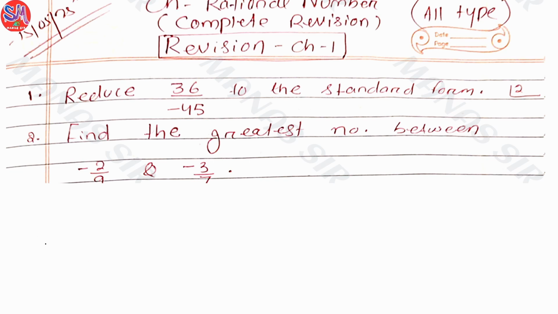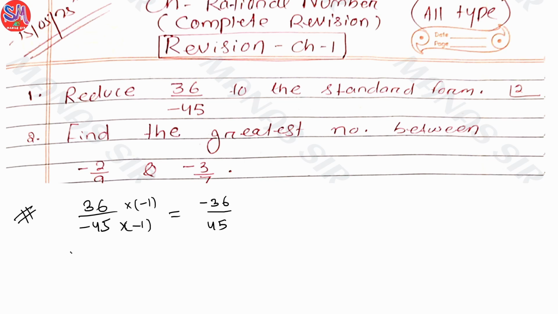Now standard form we can solve in 2 steps, yes or no. The first step is that minus should never be in the denominator, means first we convert the denominator to positive, yes or no. Now the first step is 36 divided by minus 45 multiplied by minus 1 multiplied by minus 1, because we know that there is one property: any number except 0 we can multiply in a rational number. Okay. Now equal to, that is minus 36 divided by 45, yes or no.